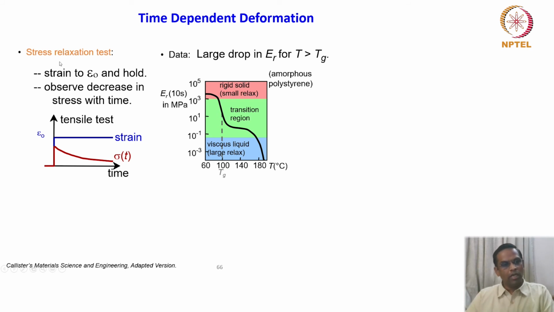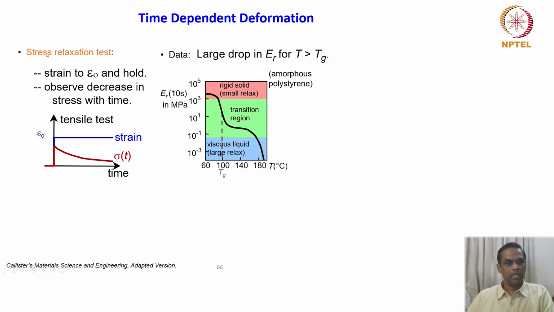So there is something called stress relaxation. We have already seen this term, so I can go pretty fast. We know what is stress relaxation. Relaxation time and all we have seen. So strain to epsilon naught and hold. So strain the material to a specific strain or fixed strain and hold it and observe the decrease in the stress with time.